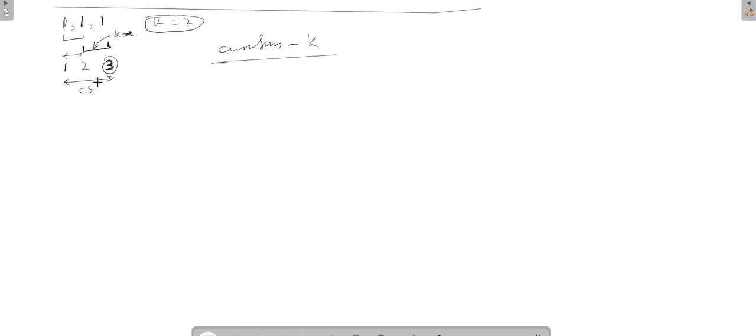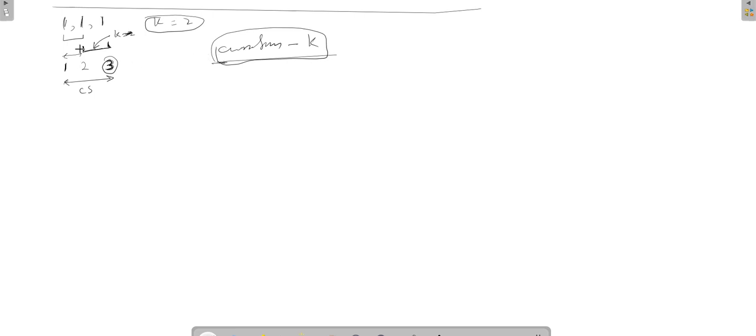So basically, when we have the cumulative sum, we need to check whether this thing exists here. If it does, then we have found our subarray. So that's how we indirectly know whether we have found our subarray or not.